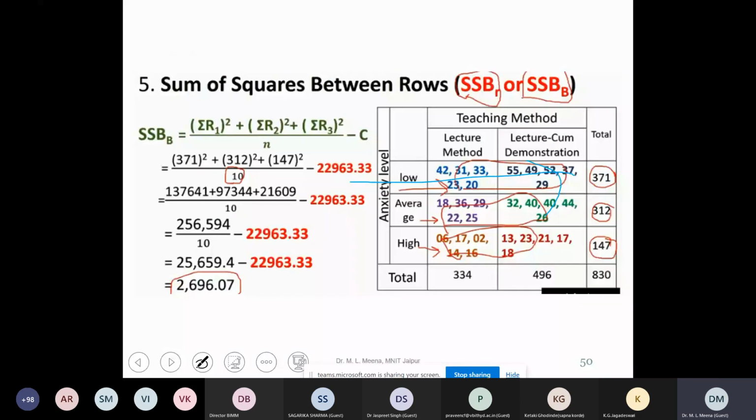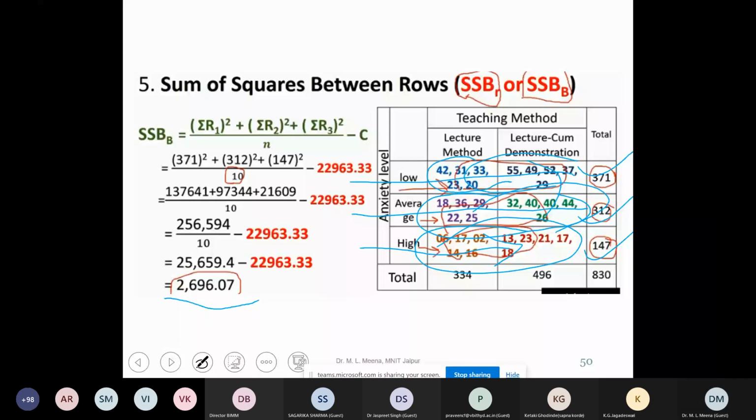The pattern is the same: add these and square this, add all these and square this, add all and square this. So the result is 2,696.07.